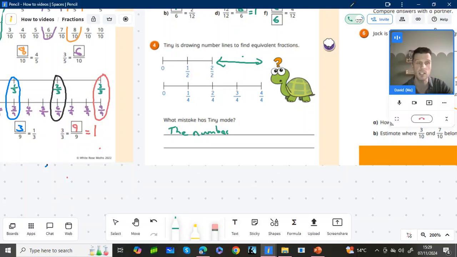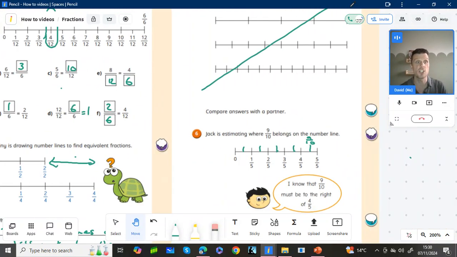Okay, but if you typed it, if you're using a computer to do that, brilliant. So the number lines are different lengths. Okay, they need to be the same length.